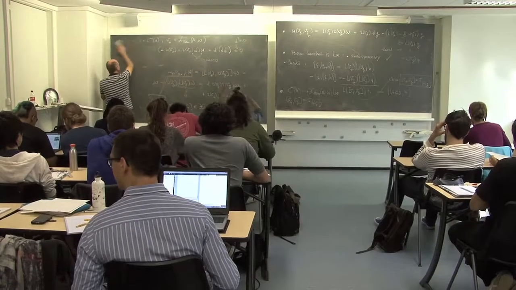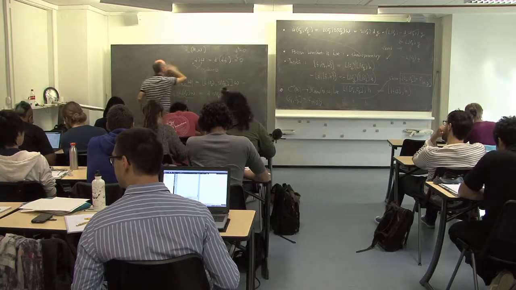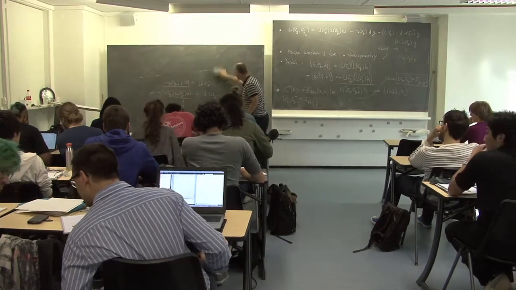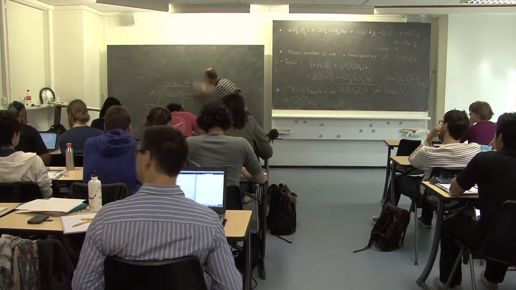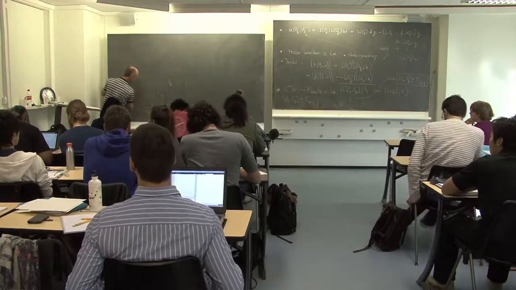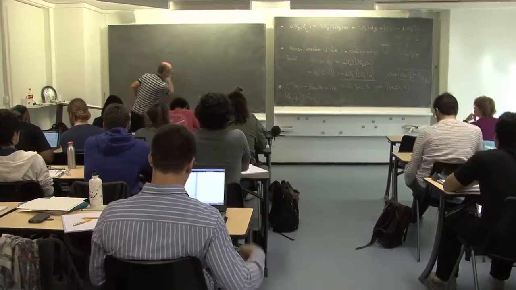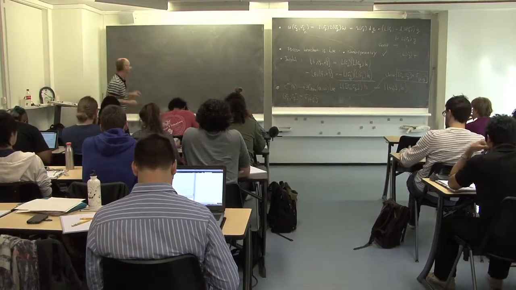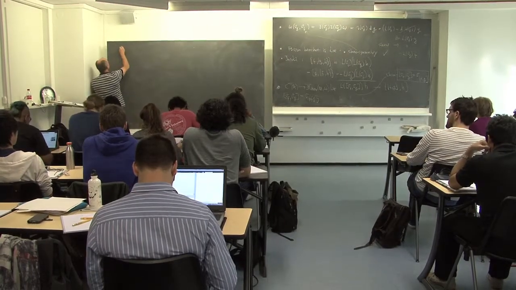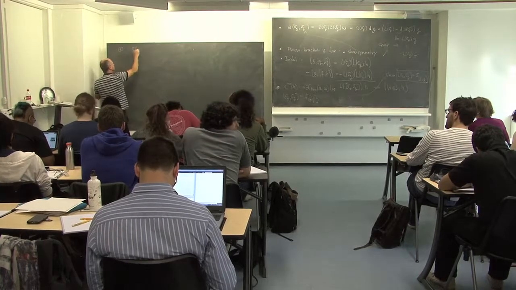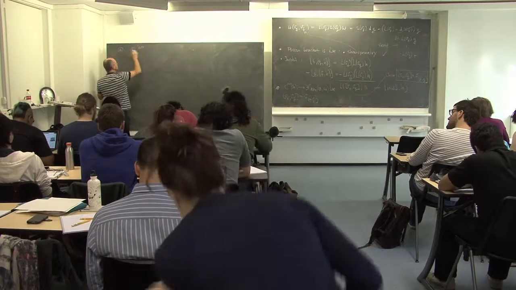So what I want to do during this hour, we're going to look at the simplest examples of symplectic manifolds and of symplectic structures. Let me start with a very, very simple example that I guess all of you already seen, perhaps many times.